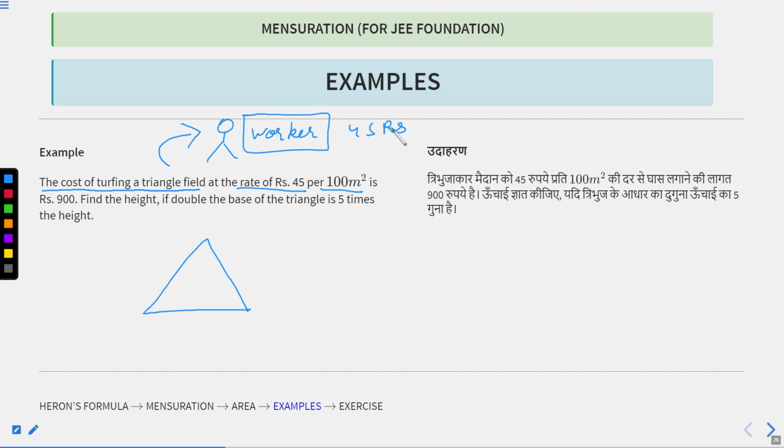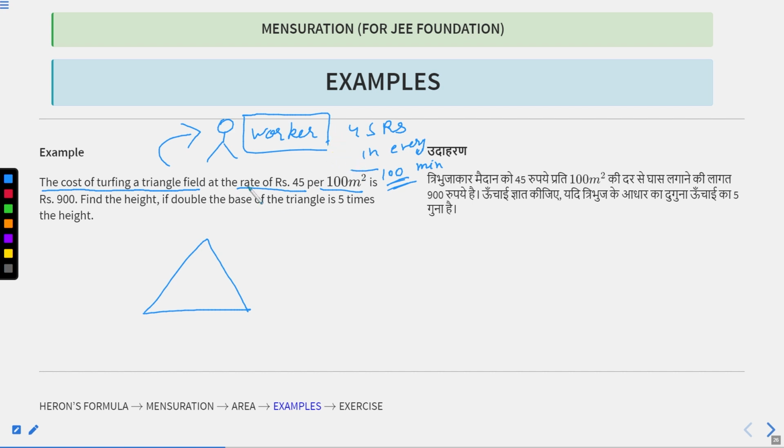So he takes 45 rupees in every 100 hours. Okay, clear? You can use anything: hour, minute, day, year. Hour is quite good, not a day. Okay, let me write minutes. In every 100 minutes, he charges 45 rupees.